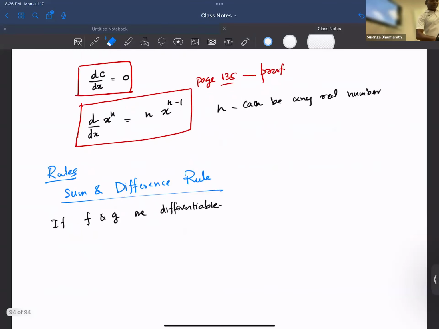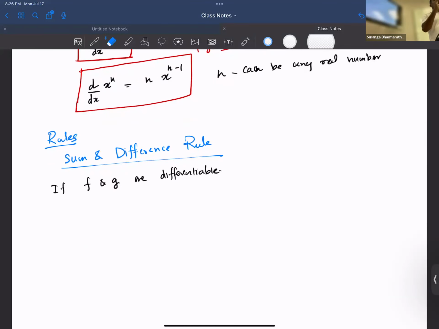So now we said f and g are two differentiable functions. Then f plus g and f minus g are differentiable.